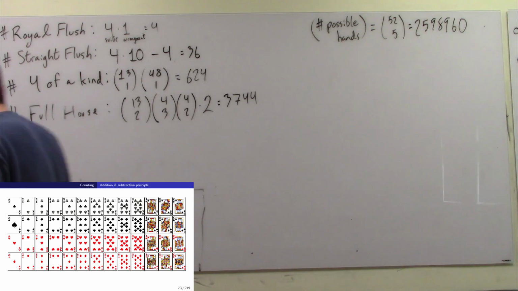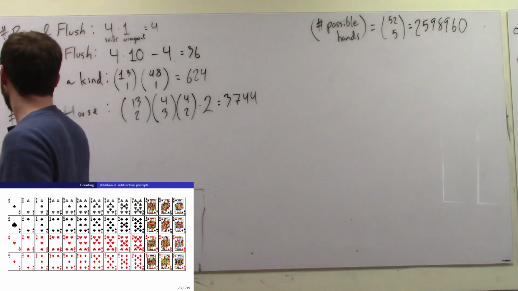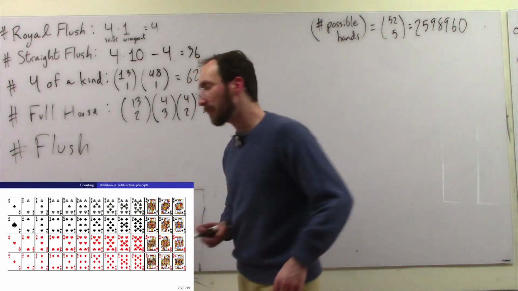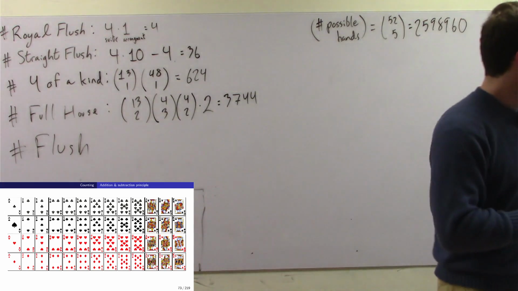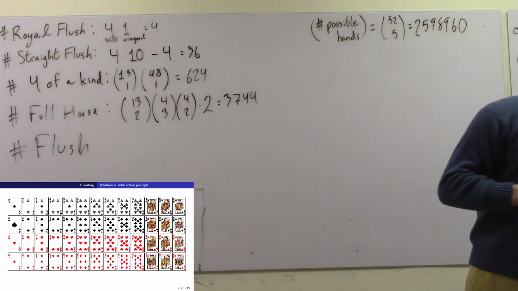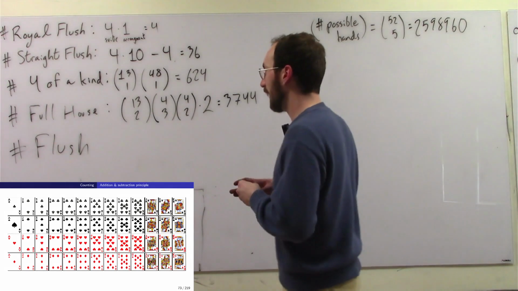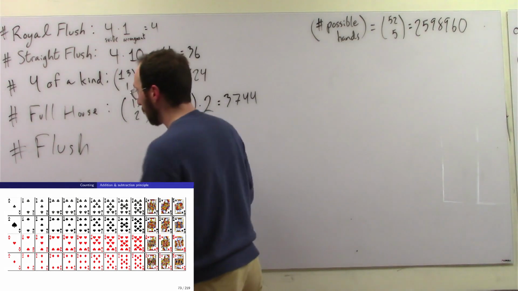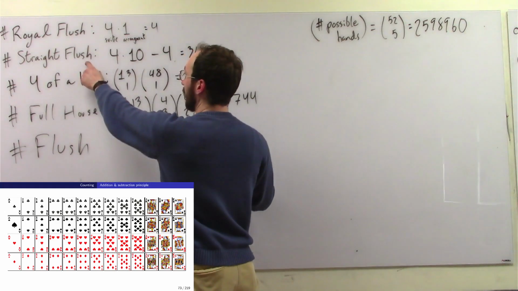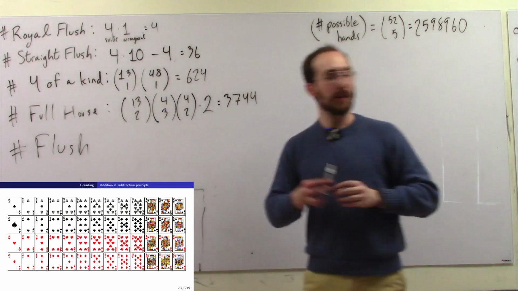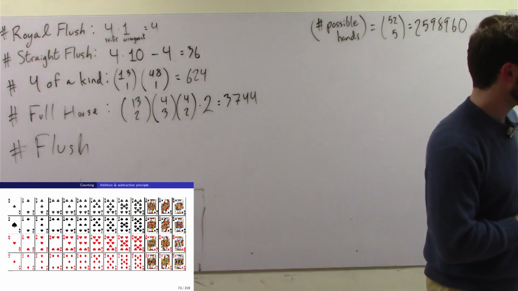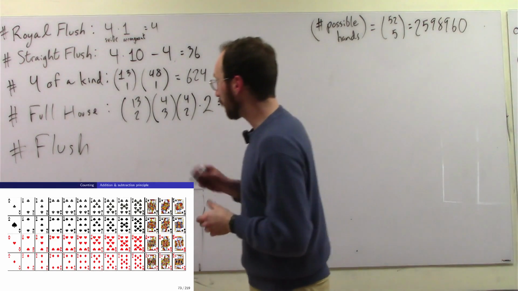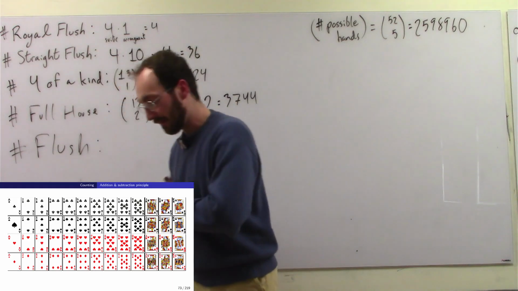So what's next? We have a flush. And as I said before, flush, they are all of the same suit, but not in order. If we get like ace, 2, 3, 4, 5, that would be a straight flush. So we want to avoid that.